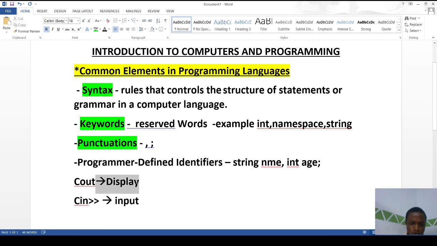So if I want to code the example that I was given, what is your name, you just come here. This is how you do it. Let me just type something like: what is your name? And I'll add a question mark.